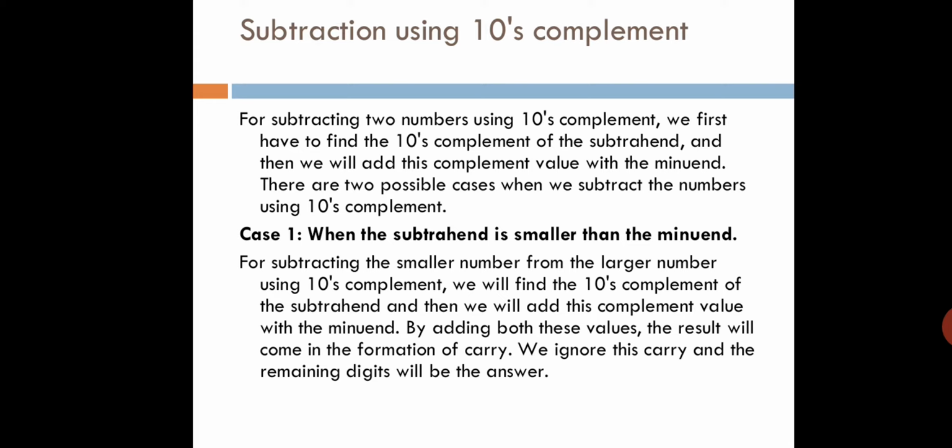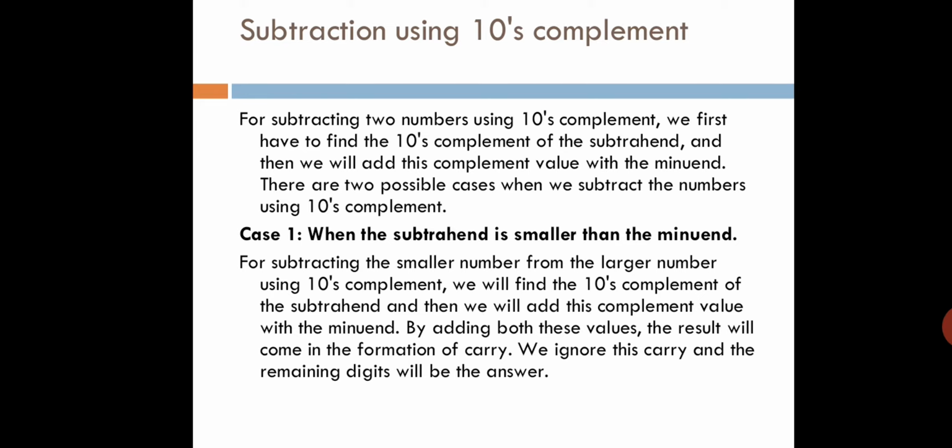There are two possible cases here also. The first one is subtrahend is smaller and minuend is greater, and the second case is subtrahend is greater than minuend. The same concept as 9's complement applies to 10's complement also, but here a slight change can be observed.